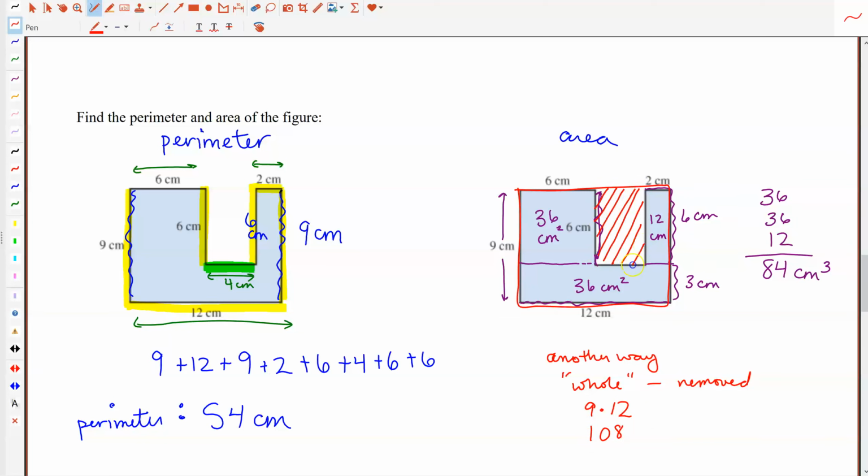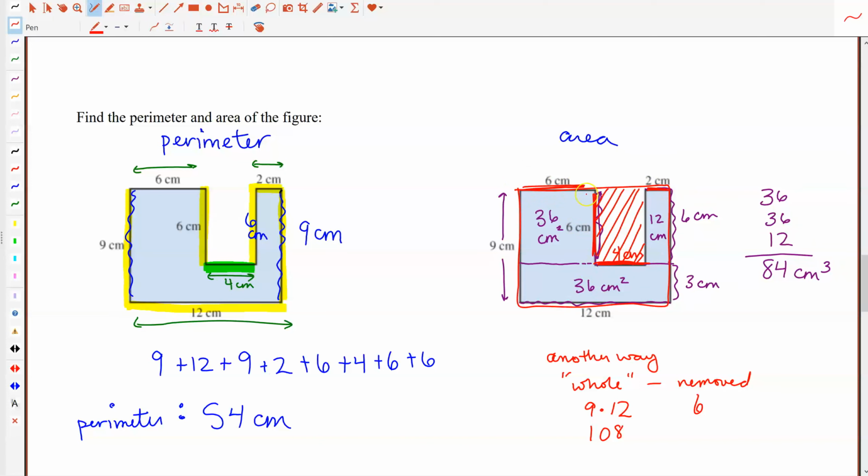I have this piece right here that was removed, right? So the removed piece right here, I know that it's 6 down, but then the question is, how far is this over? Well, that relates to a number we found along with this perimeter idea. If I know it's 12 centimeters from edge to edge, and I've accounted for 6 right here and 2 right here, or 8 centimeters total up on top, 12 minus 8 is 4 centimeters left over right here.